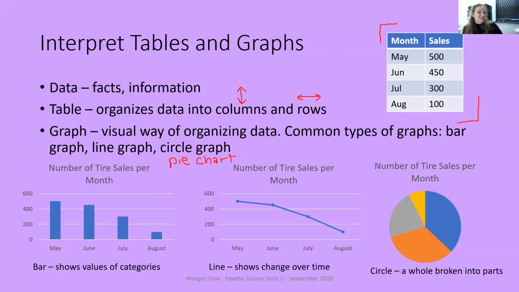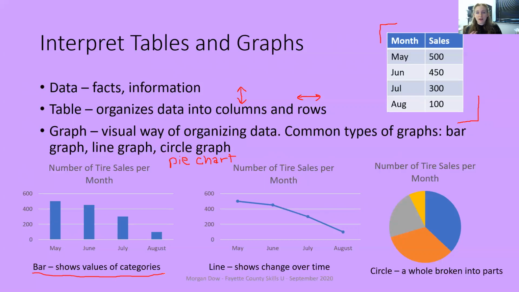So we've got bar graphs, line graphs, circle graphs, just visual ways of organizing data. The type of graph that you would choose for your data will just depend on how you want to present your data and what you want to emphasize about your data. So bar graphs are useful for showing values that fall into different categories.